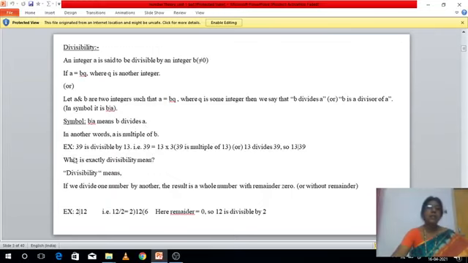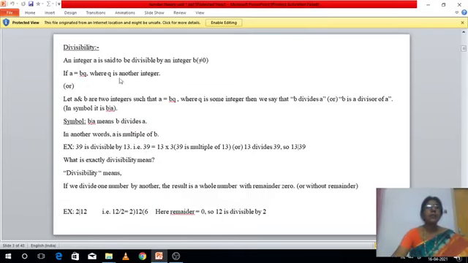See this example. 39 is divisible by 13. That is, 39 can be written as 13 into 3. 39 is a multiple of 13. Here a is equal to b into some value, so we say b divides a. 39 is equal to 13 into some value, therefore 39 is divisible by 13, or a multiple of 13, which means 13 divides 39.